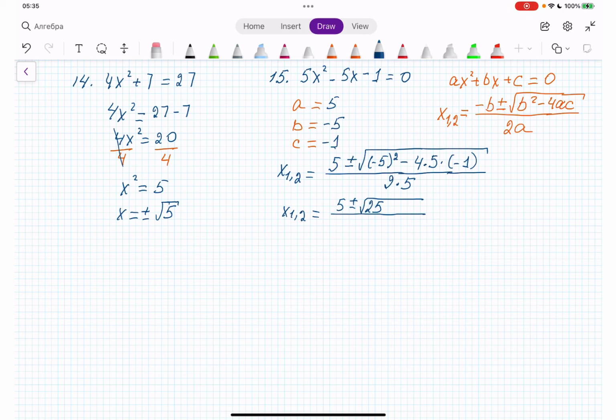Since I have a negative with this negative, it's going to be positive, plus 20. And in the denominator, we will have 10. So from here, we have 5 plus minus the square root of 45, right? Divided by 10.